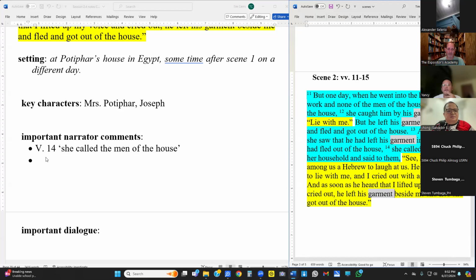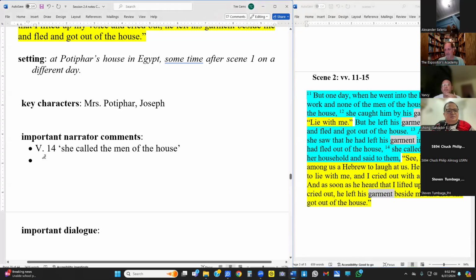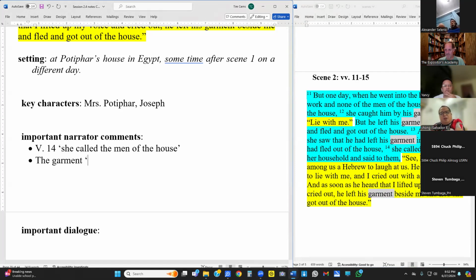The 4th time it's in the dialogue from Potiphar's wife. And the garment is what ends up being a key piece of evidence against Joseph. He left it because she grabbed it off of him. But she made it seem like he took it off and was undressing because he wanted to have sex with her. But the garment was repeated.